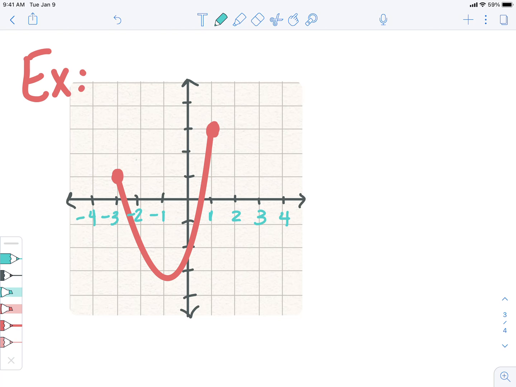So if I'm going to write my domain here, I still want my first x value and my last x value. So when I look at this, I notice that my first x value is right here at -3.